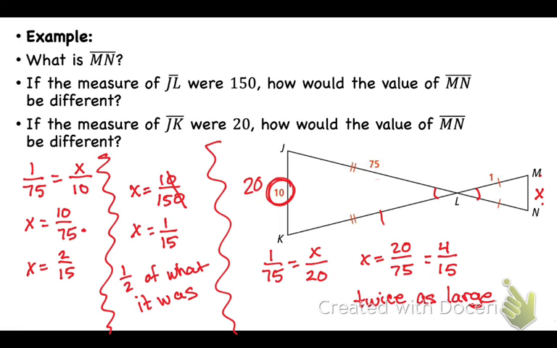Okay. Now, let's talk about why it happened. So 10 corresponds with the MN, doesn't it? Like 10 directly corresponds with MN. So if I double 10, does it make sense that I would double MN? And is that what happened? Yeah. But the JL does not directly correspond, does it?